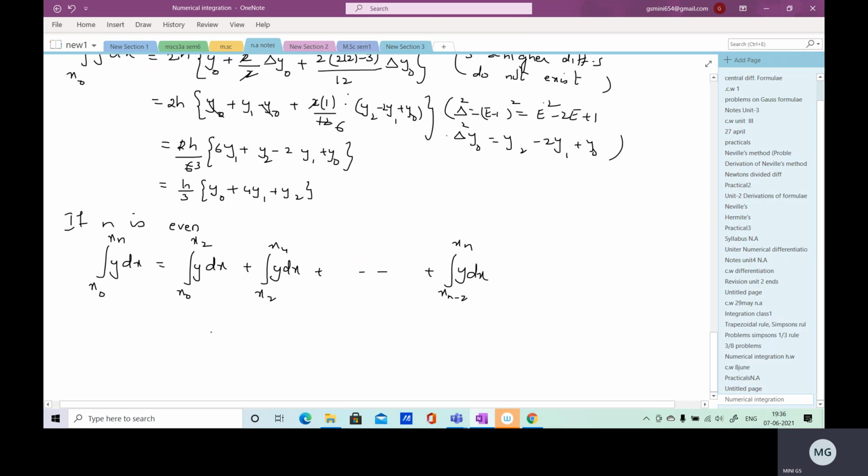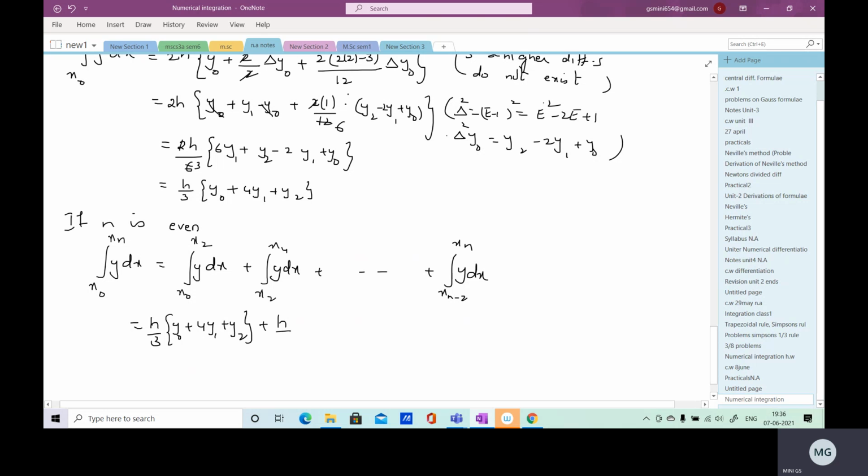Therefore, here this is equal to, when I took x naught to x2, it was h by 3 into y naught plus 4 times y1 plus y2.